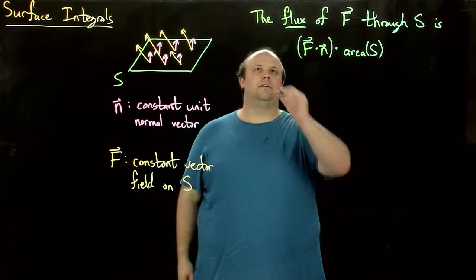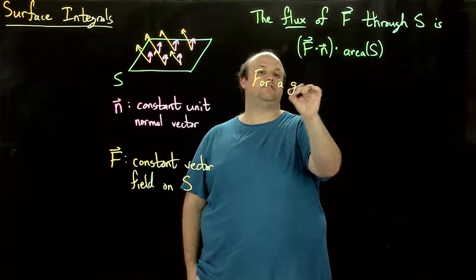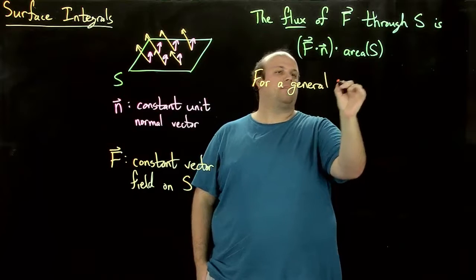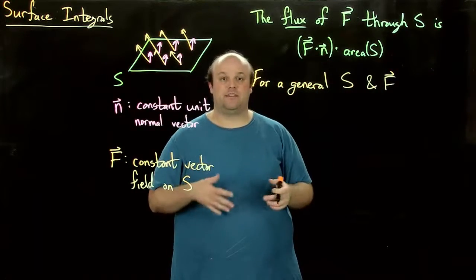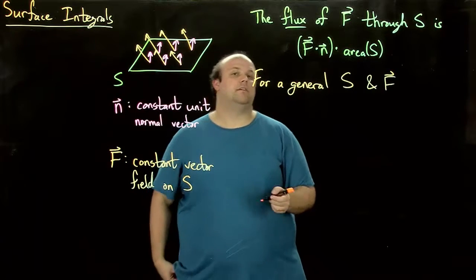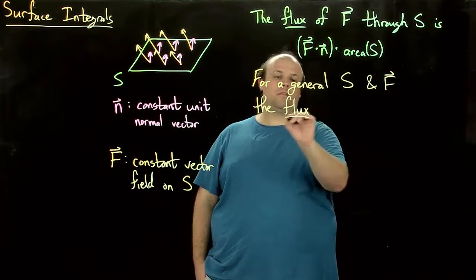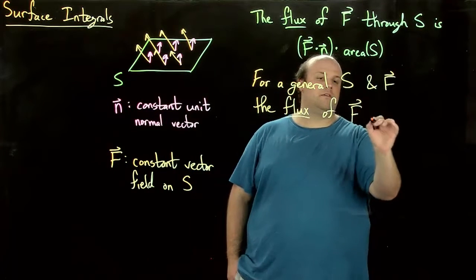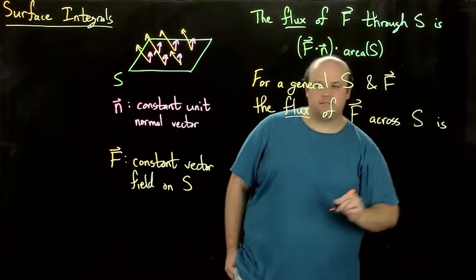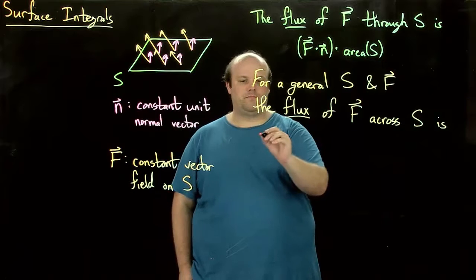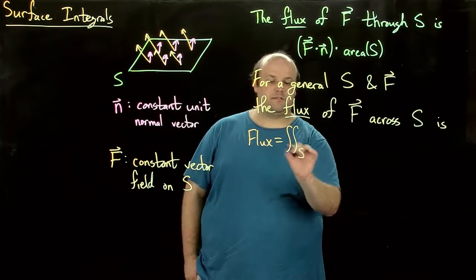So for a general S and F, for some general surface and some general vector field F, the flux of F across S is we integrate over the surface.